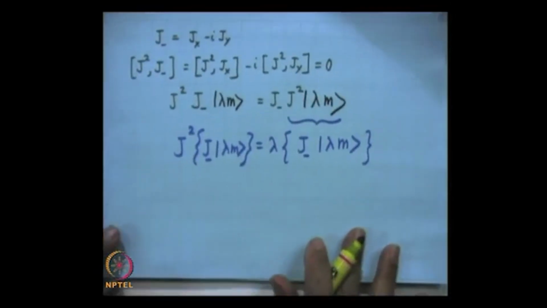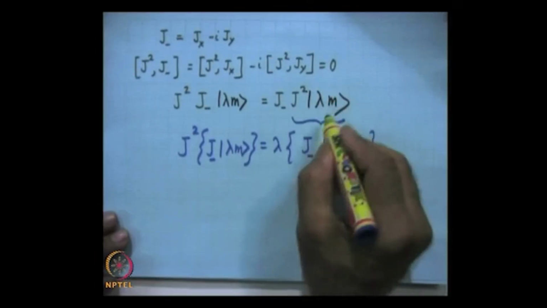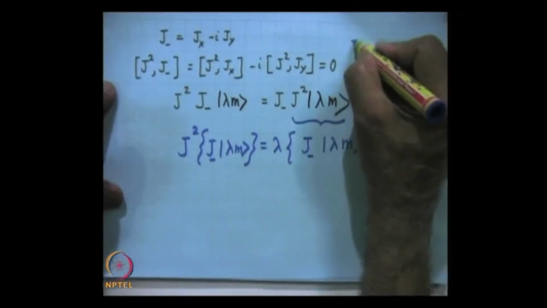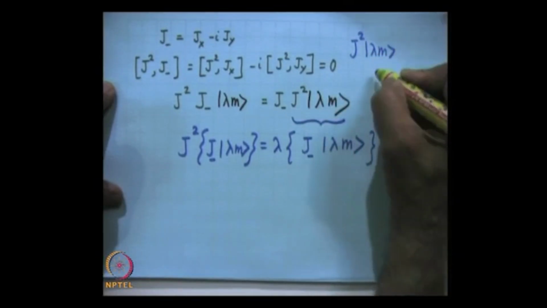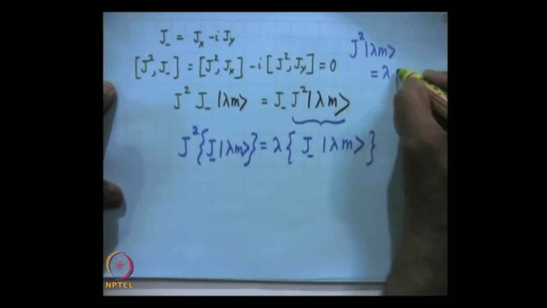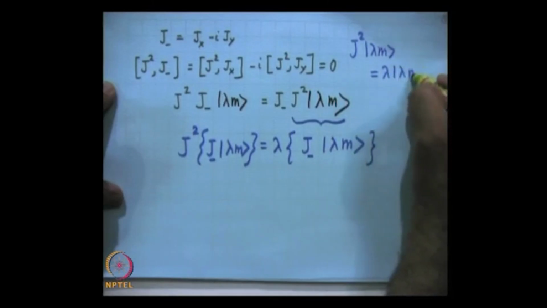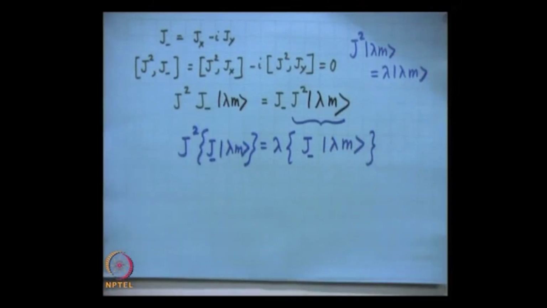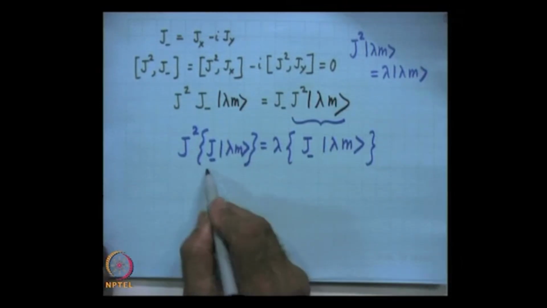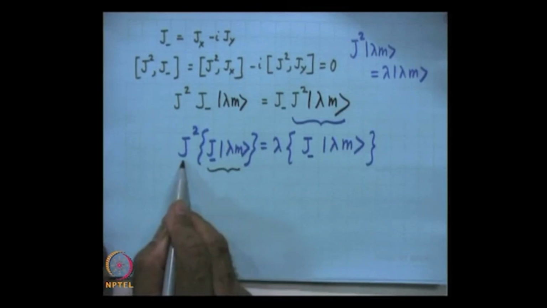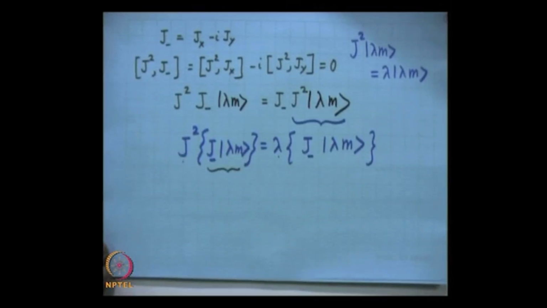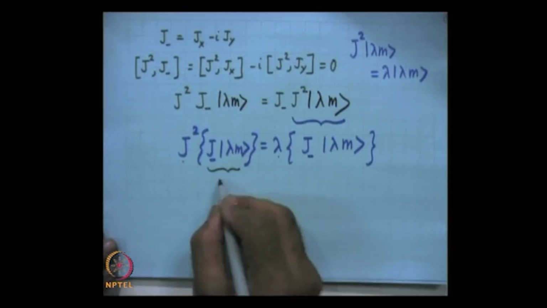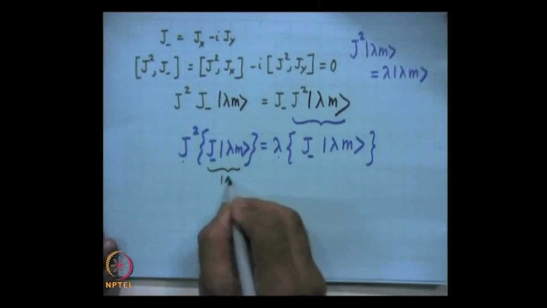Thus if ket lambda m is an eigenket of the operator J square belonging to the eigenvalue lambda, as expressed by this equation, then J minus ket lambda m is also an eigenket of J square belonging to the same eigenvalue lambda. Similarly, let me denote this by say ket A.